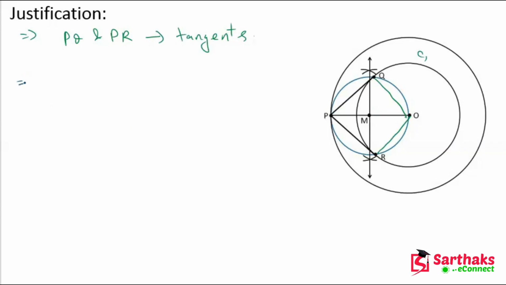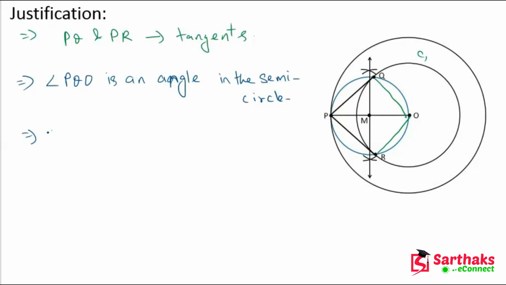Now from this construction, angle PQO is an angle in the semicircle. We know that the angle in the semicircle is a right angle, so angle PQO is equal to 90 degree.